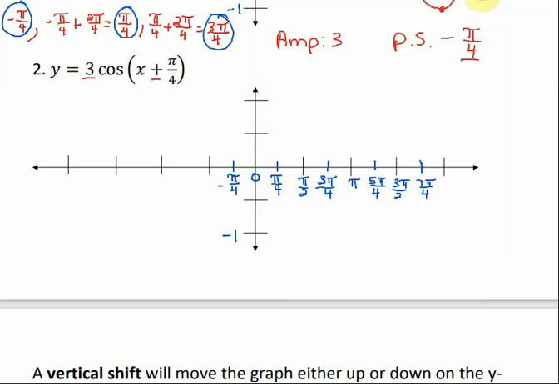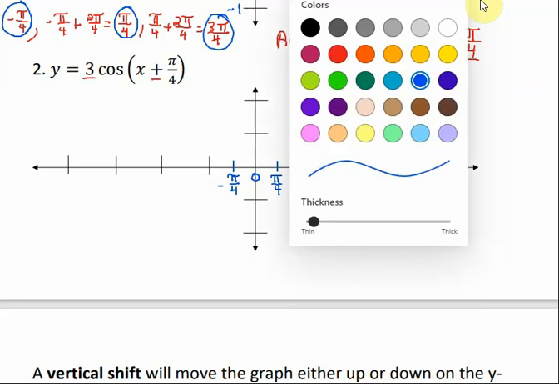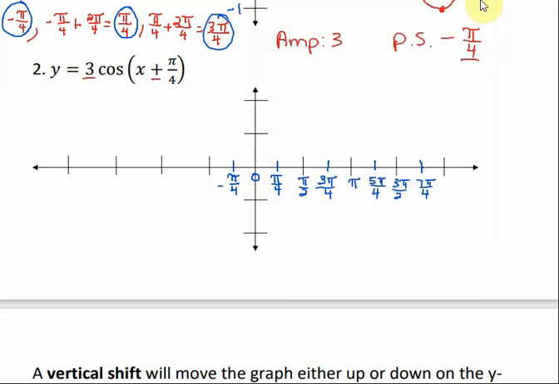We need 3. The amplitude is 3. Okay, so let me put in some extra marks in here. If we say that's 1, this is 2, we're going to go up to 3, and down to negative 3.